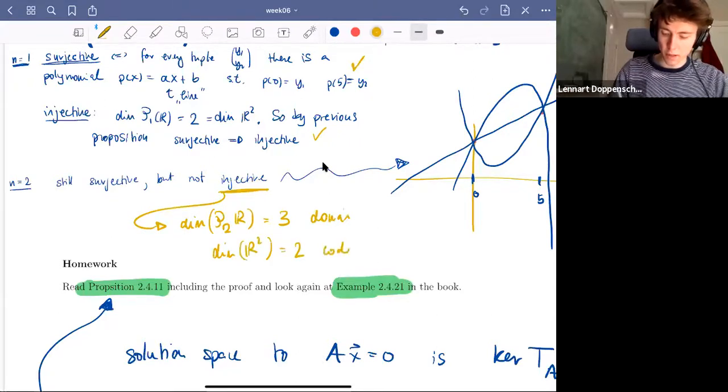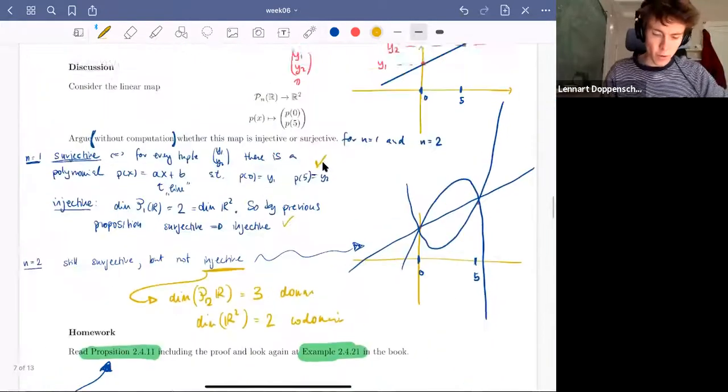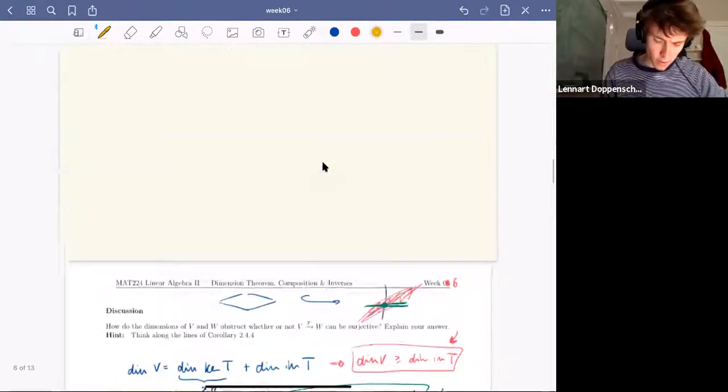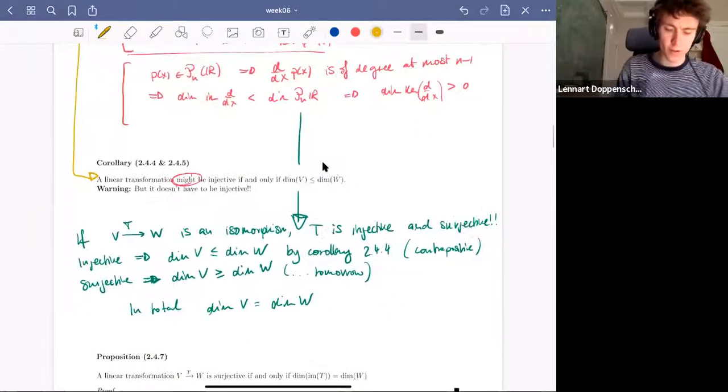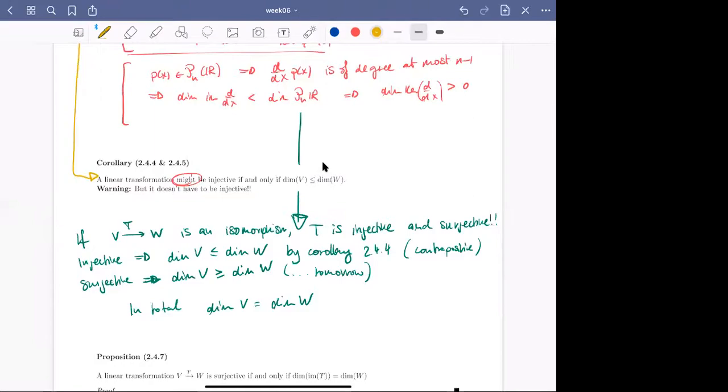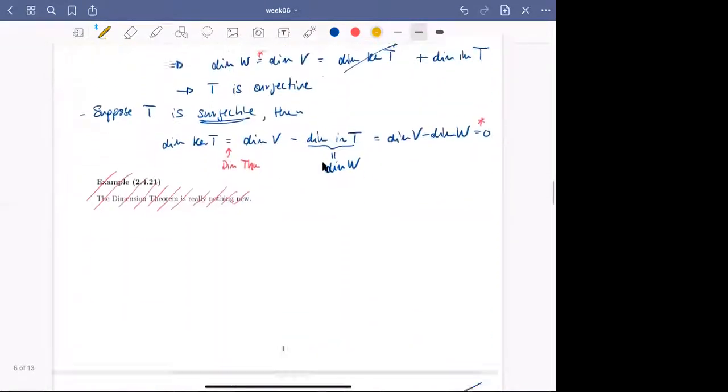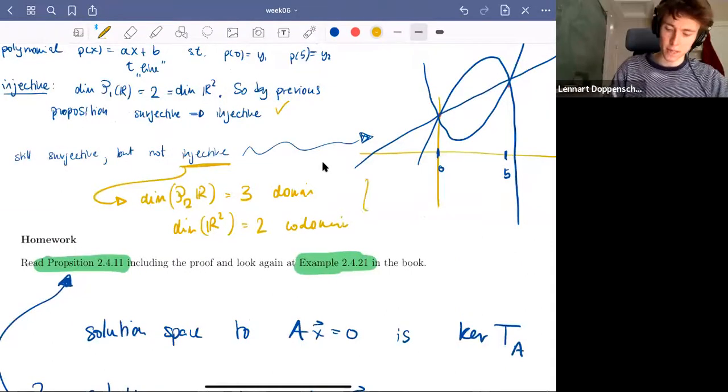This is the codomain. And then there was this proposition, which is this corollary to 4.5, which said that it can only be injective if the codomain has a greater dimension than the domain. Oh yes, I forgot about that when thinking about this. All right, thank you. Okay, you're welcome. So I'll just write by corollary 2.4.5, it can't be injective.